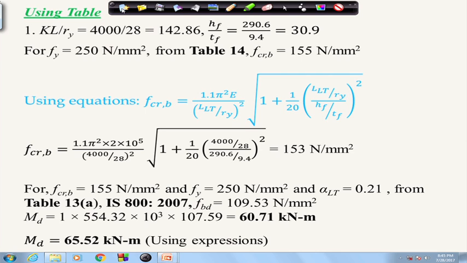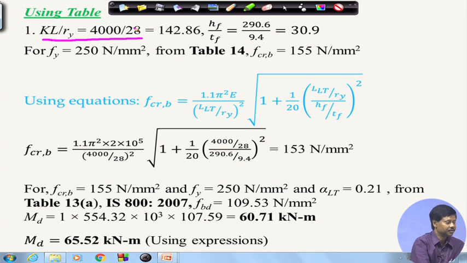Now, whatever we have discussed, that means whatever we have calculated through expressions, can also be done through this table. Now, I am demonstrating using the table. Now, you see, if we know the KL by R ratio, for example, here KL by R ratio is 4000 by 28. So, this is becoming 142.86, and the HF by TF ratio we are getting as 30.9, and corresponding to these we can use table 14, and for FY 250 we can find out the value of FCRB.